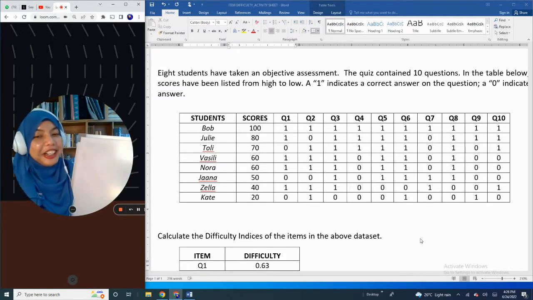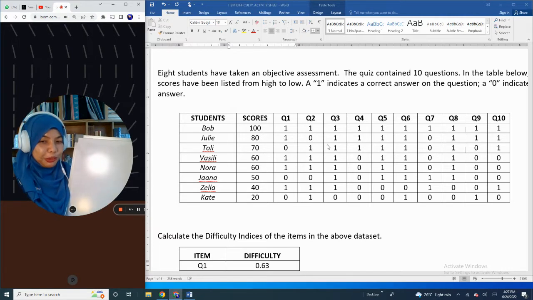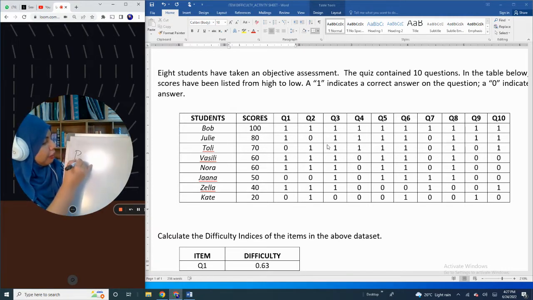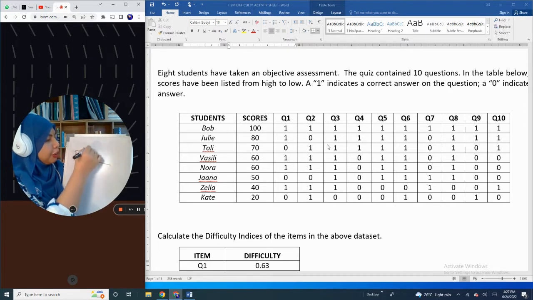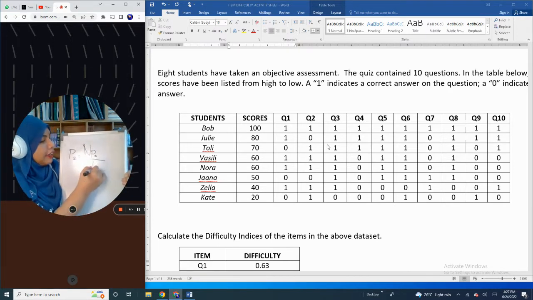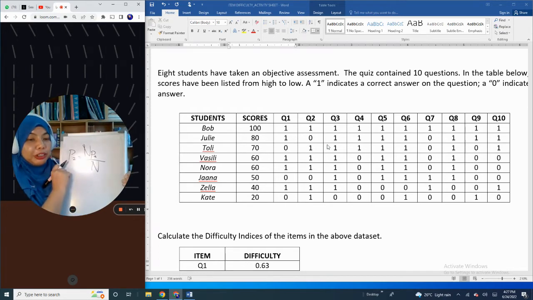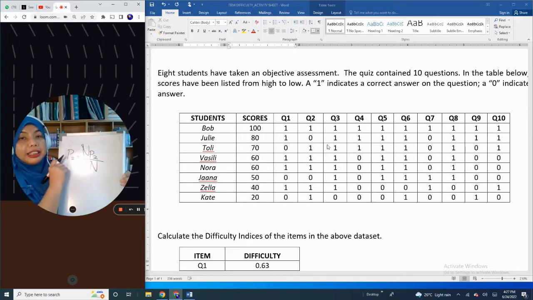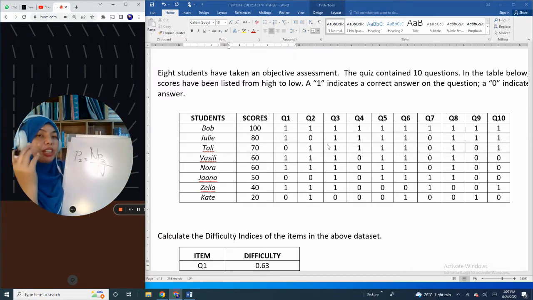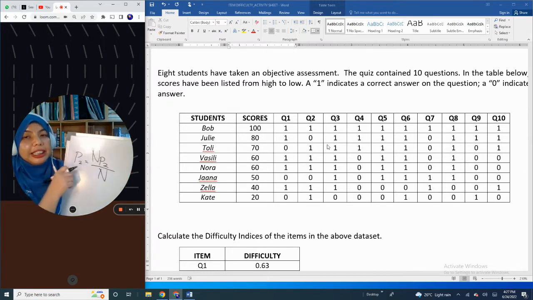Okay. All right. So the item difficulty index for item 2 is the same formula, of course: total number of students who answer item 2 correctly divided by total number of students. This value should remain the same throughout the calculation because we have the same number of students sitting for the test.